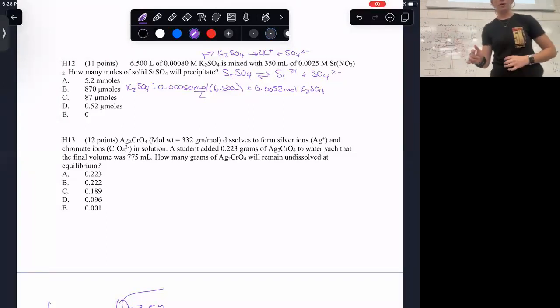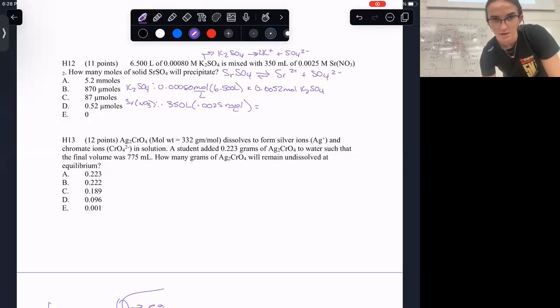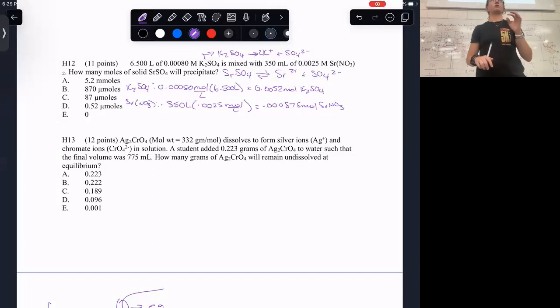Let's just solve for moles so far. We then have our strontium nitrate. We have 0.350 liters times 0.0025 moles per liter, and we end up with 0.000875 moles of strontium nitrate. What's our ratio of strontium nitrate to strontium?